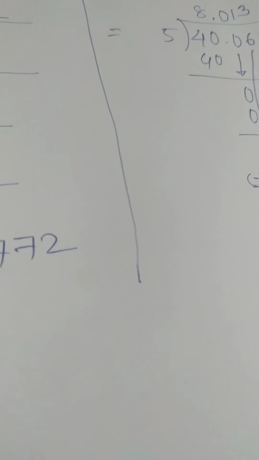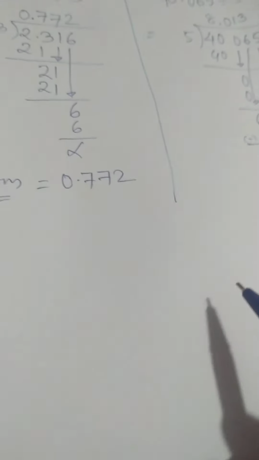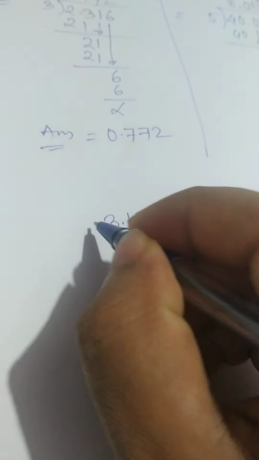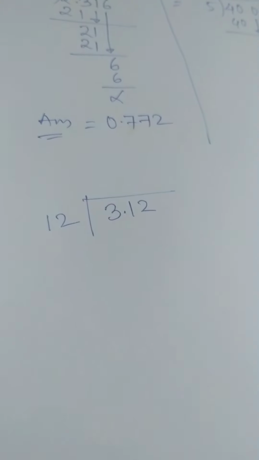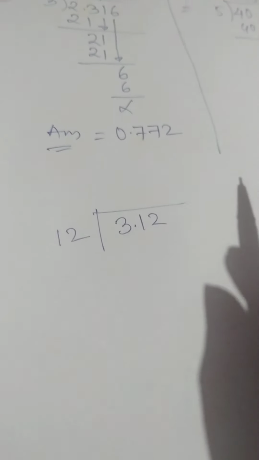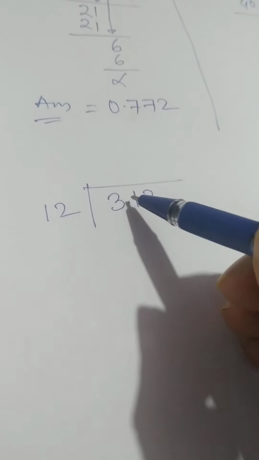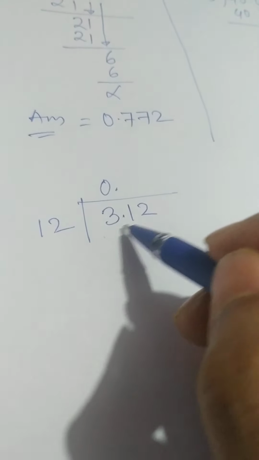All right, let's see some more. Let's say 3.12, I'm trying to divide by 12. So what shall we do? Since 3 is smaller than 12, we put 0 point again. So 31 we can consider.